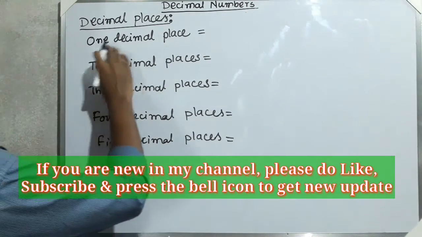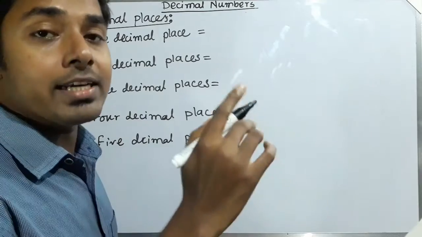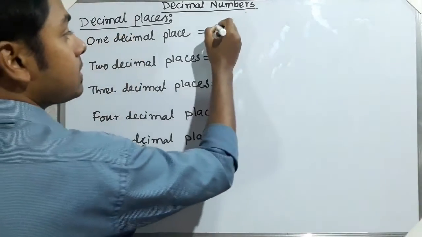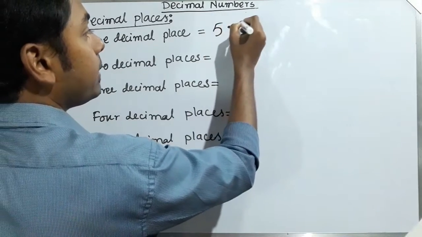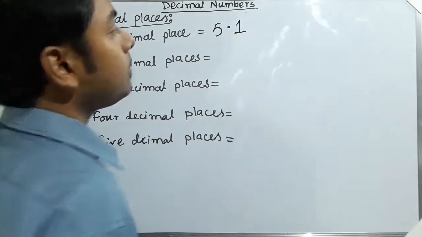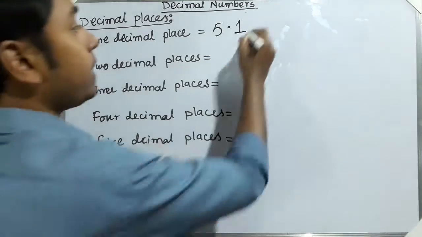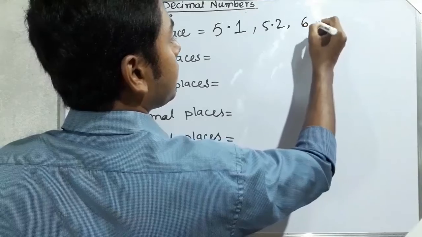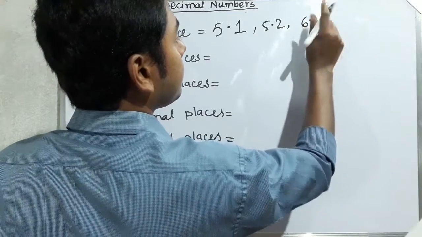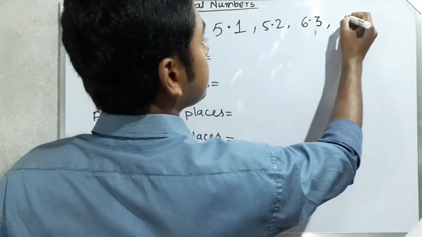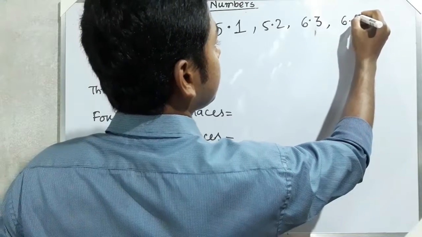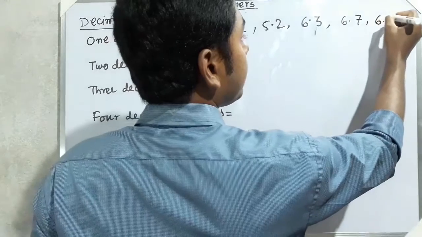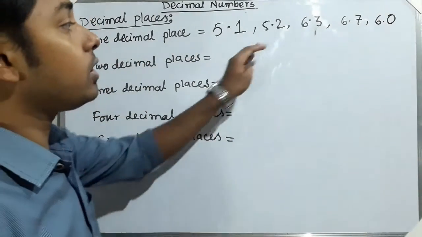Whenever you have one decimal place, that means after the decimal you will have one digit, like 5.1 or 5.2, 6.3, 6.7, 6.0. These are called one decimal place.